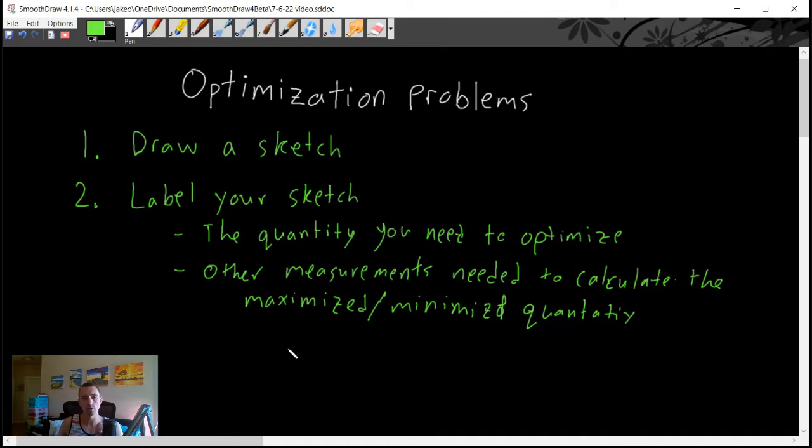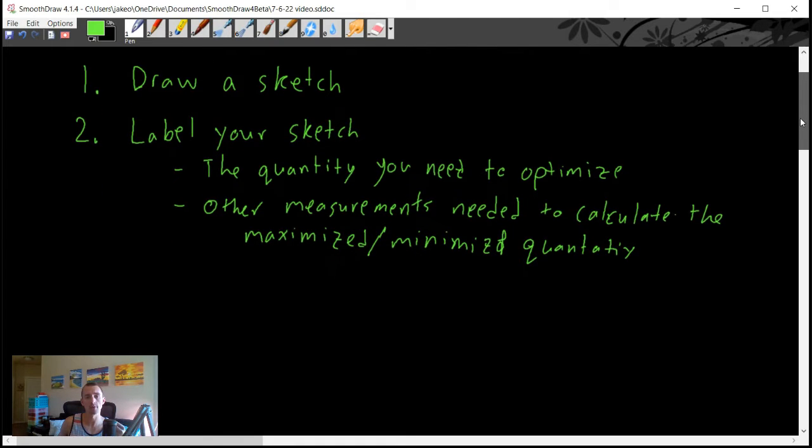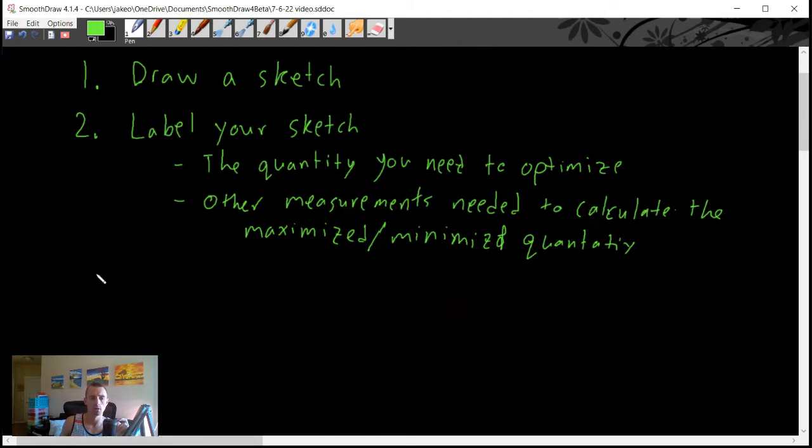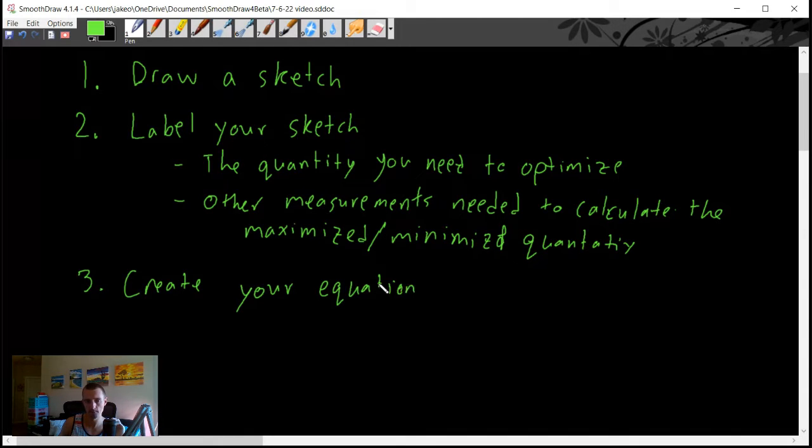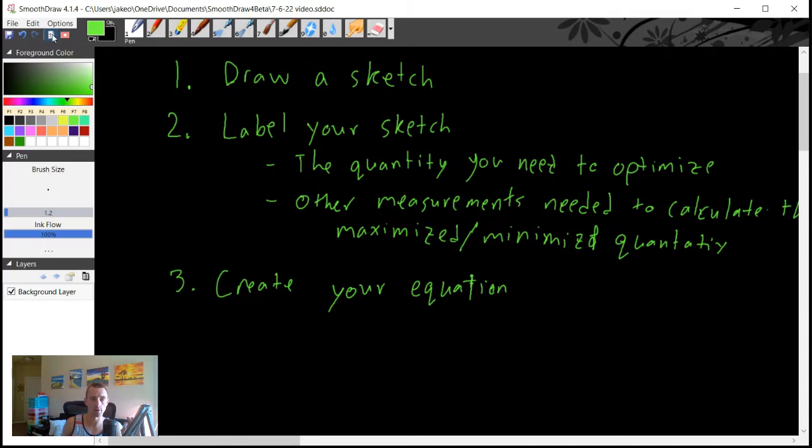Okay. So once you label your sketch, the next step is to come up with an equation. This equation is typically going to be whatever quantity is up here that you're trying to optimize.